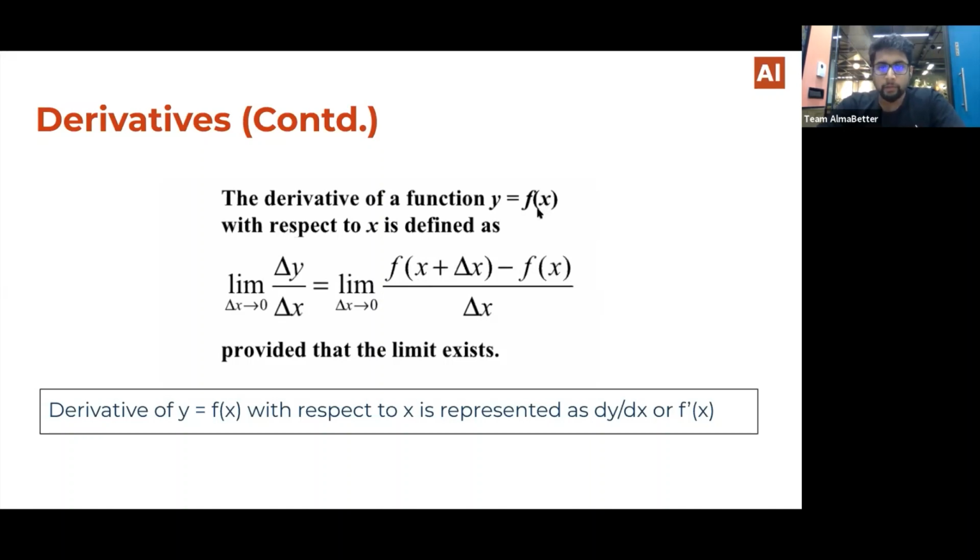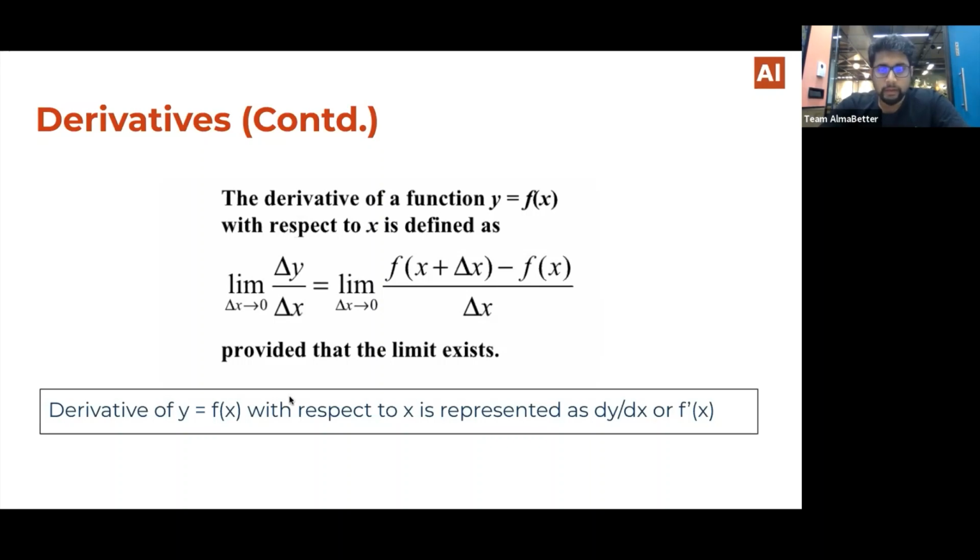Okay, so if I write it in this form, delta y by delta x, and then I say that if somehow delta x tends to 0, then this quantity is known as the derivative of the function. Okay, and this will hold only when this type of limit exists, right? We will not go deep into limits, but this is the formal definition of derivative.